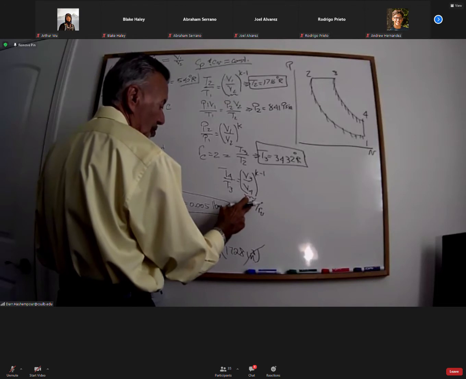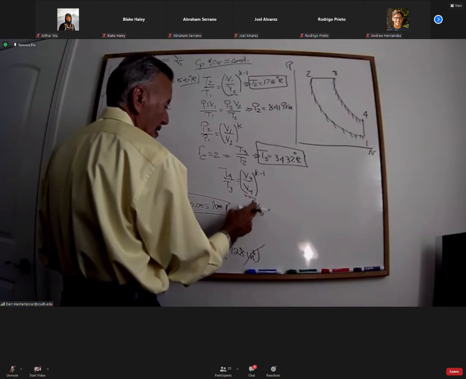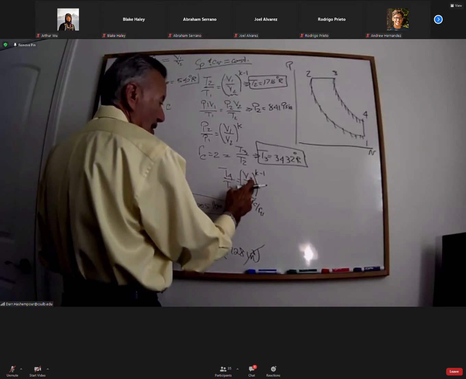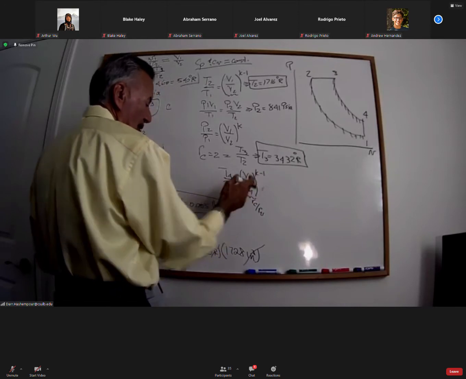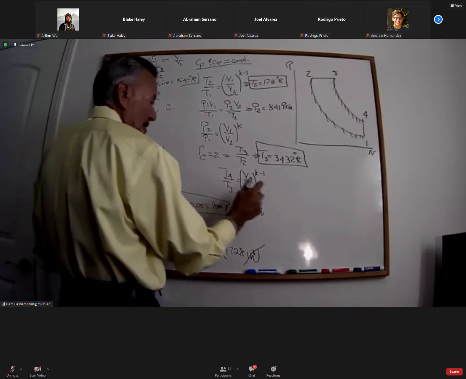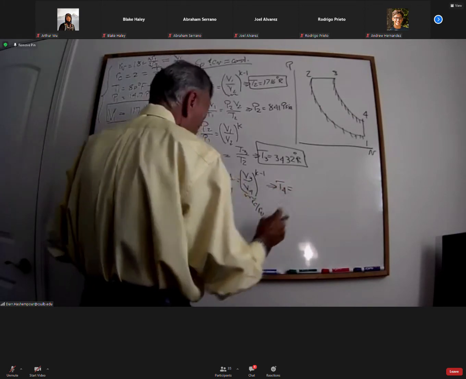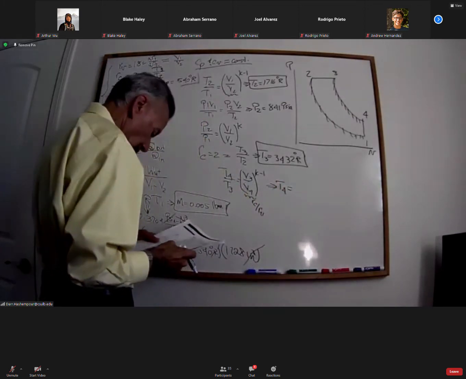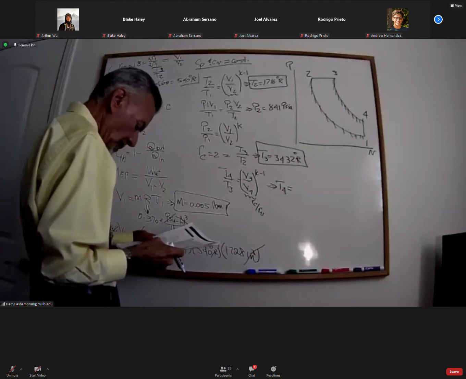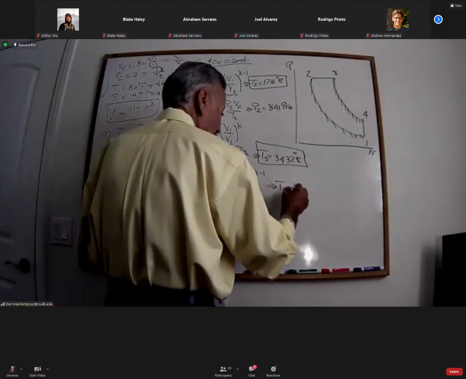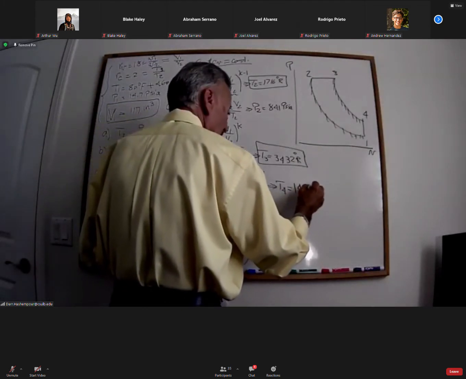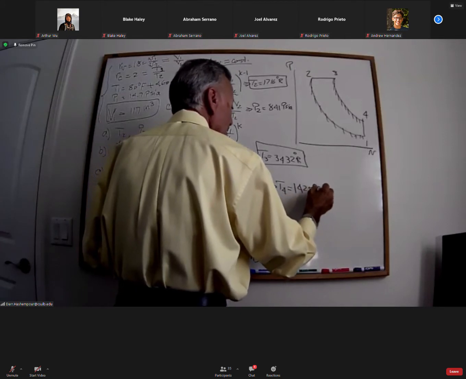R of C is 2. This is 18. K is 1.4. So the only unknown is T4. From there, I can find the value of T4 to be 1425 degrees Rankine.